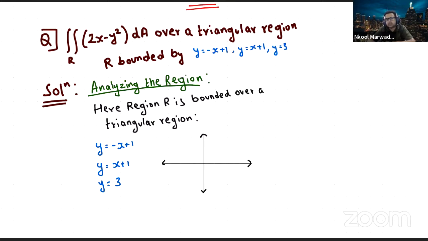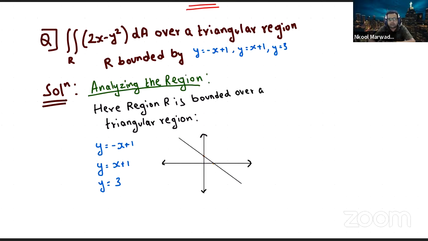And when x is 1, y is 0. If I get two points, then I have that line. For the second line, let us see the points.